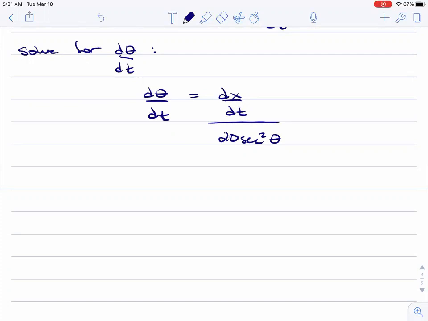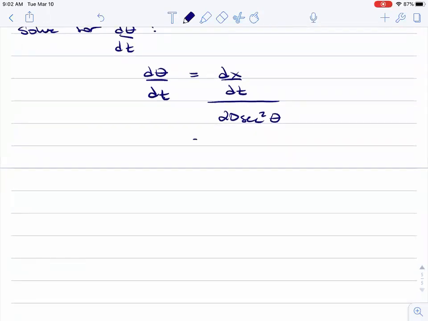There are a few that I expect you to know, cos squared plus sine squared is 1, for example. That's one that I definitely expect you to know. But any other identities like this one, I would consider a little bit obscure. But if you use it enough, then you probably would remember it anyways. So this is going to be 1 over 20 cos squared theta dx dt.